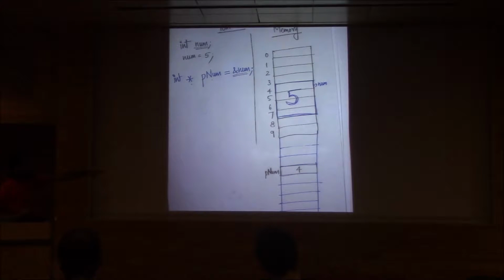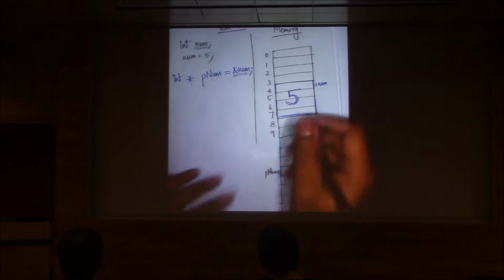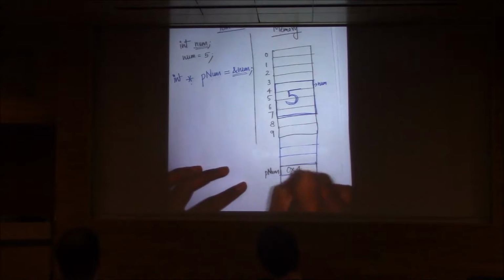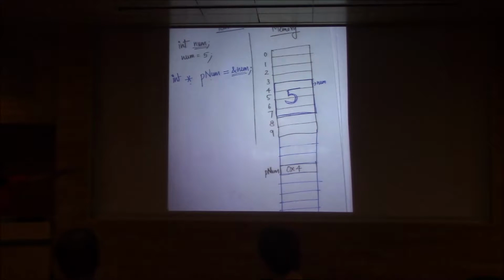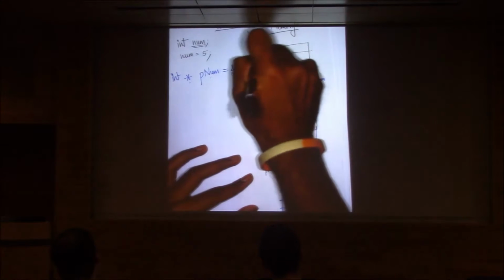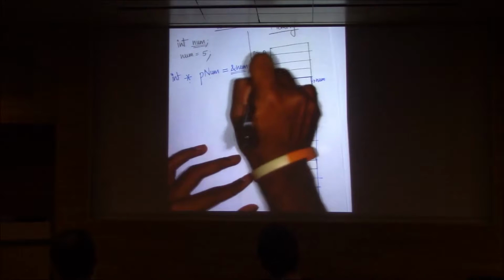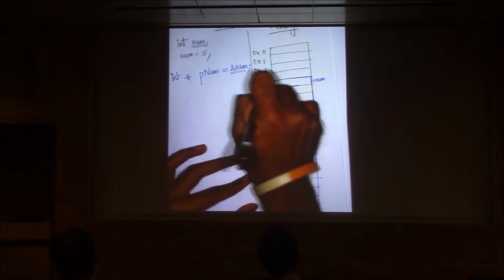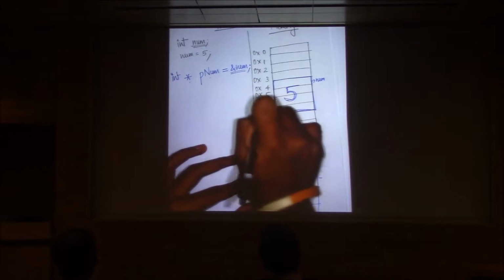Just to not get confused between addresses and integers, all addresses are usually in hexadecimal. Hexadecimal numbers are represented by 0x. So you can think of all these addresses as 0x1, 0x2, so that we don't get confused between an address and a normal integer value.